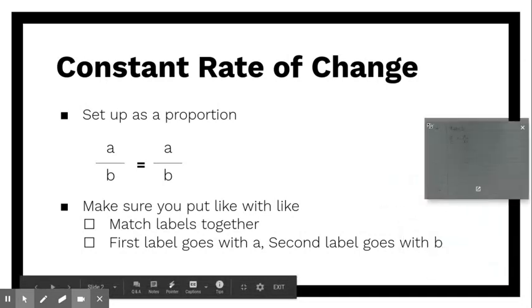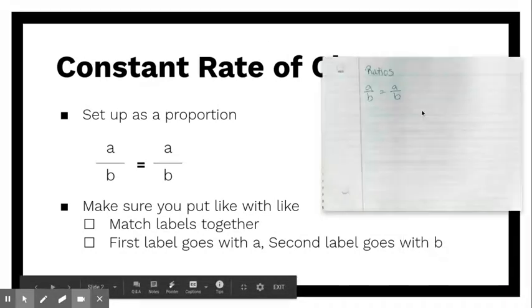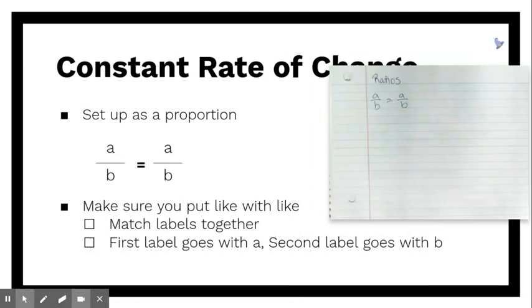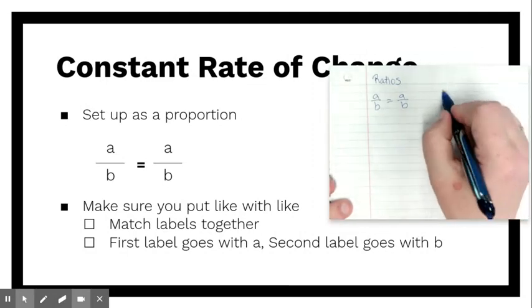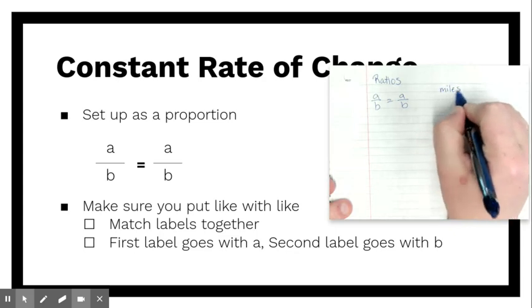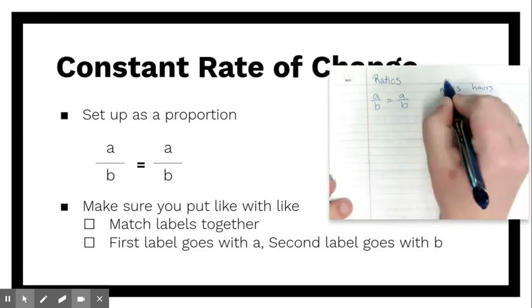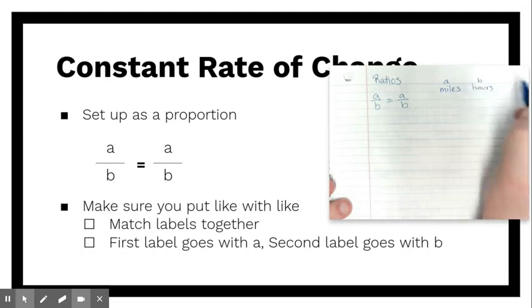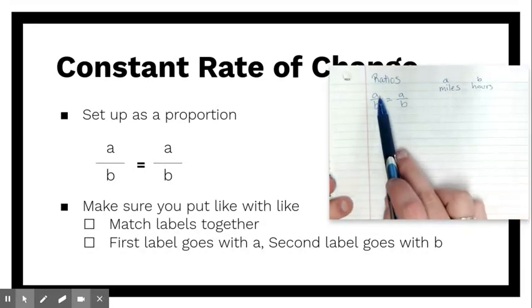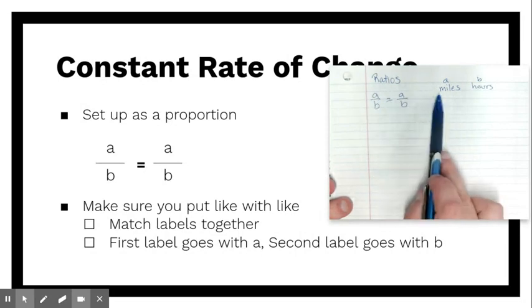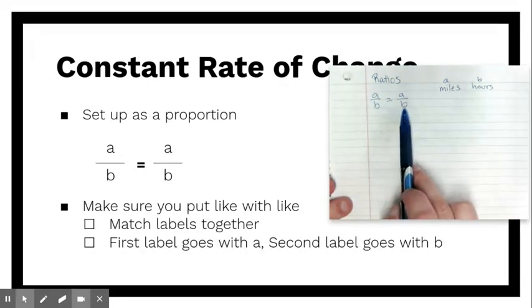Okay, let me open this up really quick. So like with like. If they tell me miles and hours, I'm going to label miles A and hours B. The numbers that go with the miles go in the A spots, and the numbers that go with hours go in the B spots.